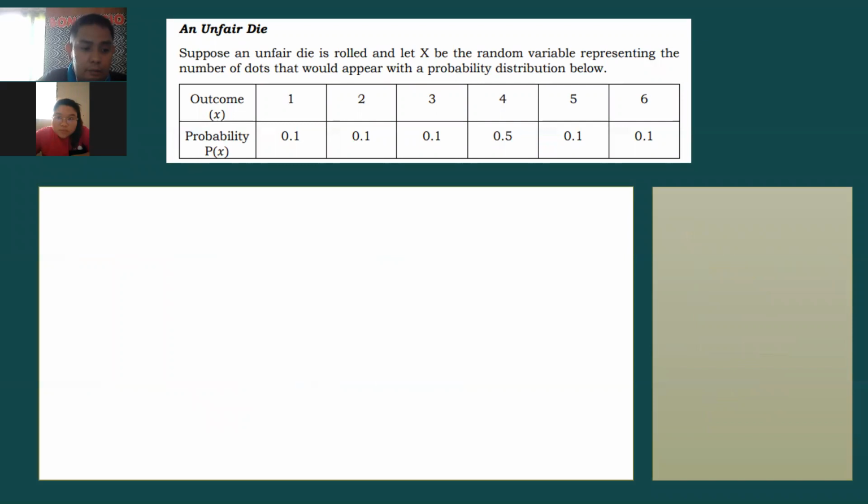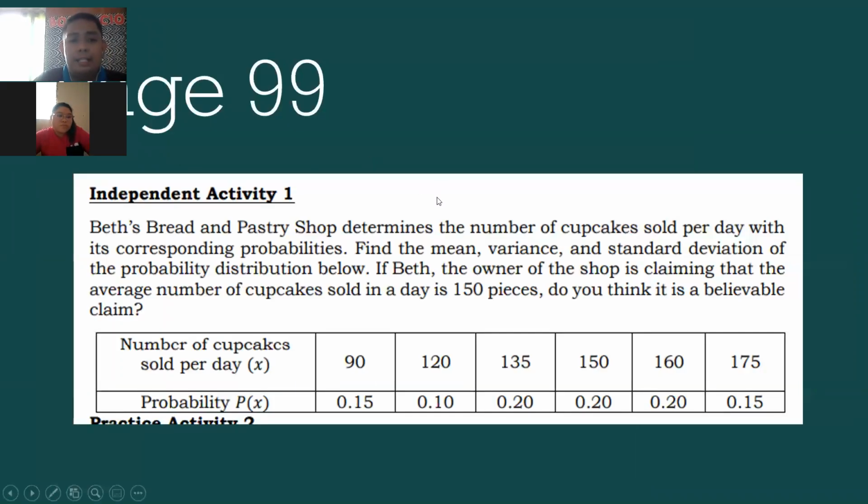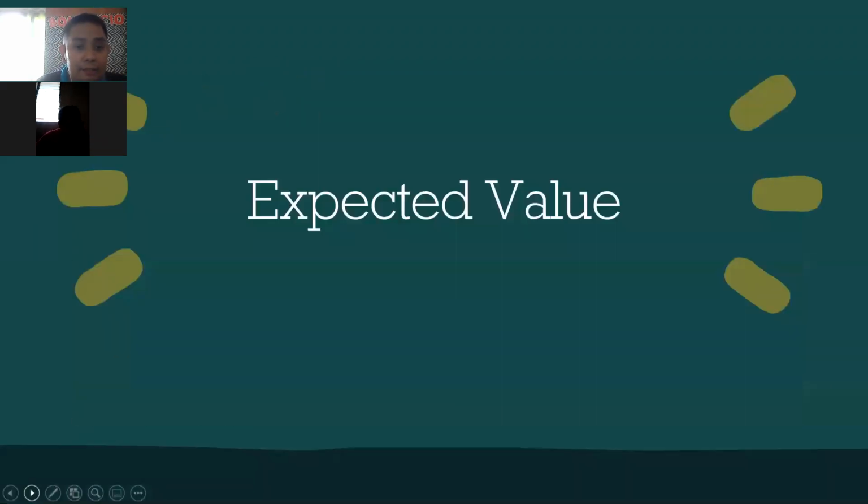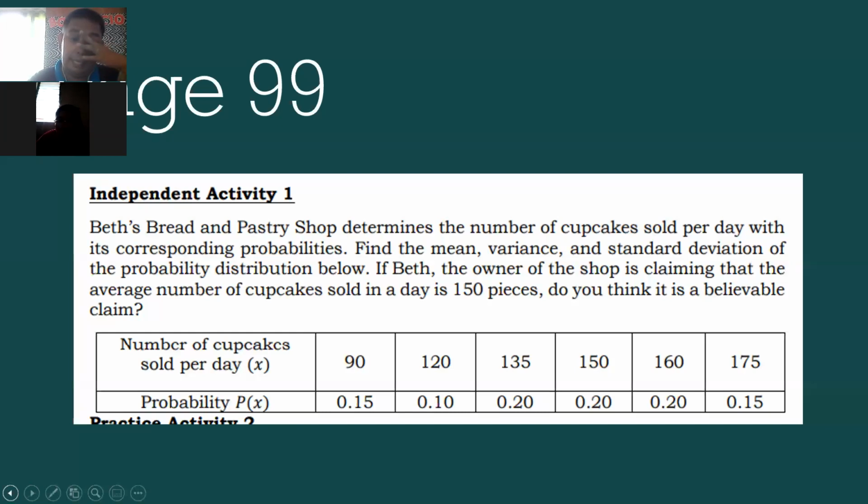That is page 99. Independent Activity 1, page 99. Then, that's it. Isa lang muna.